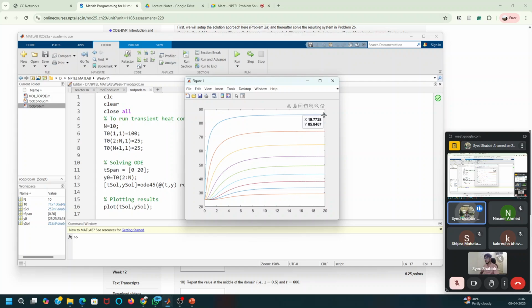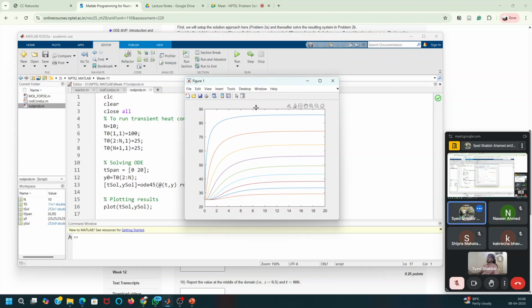So if you are calculating beyond this, you can simply take dou T by dou t equal to 0 and solve your problem. Then you will get the steady state solution. That is the difference between the steady state solution and the transient state solution. The transient state solution is when we want to calculate something that is varying with respect to time.